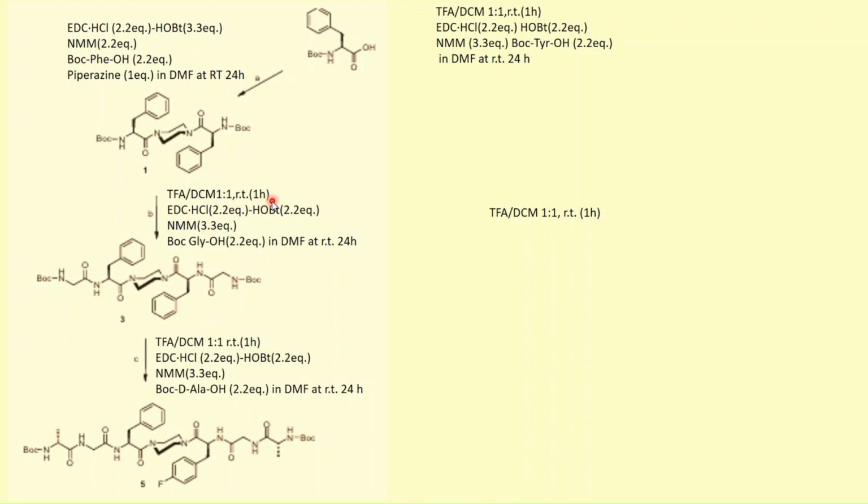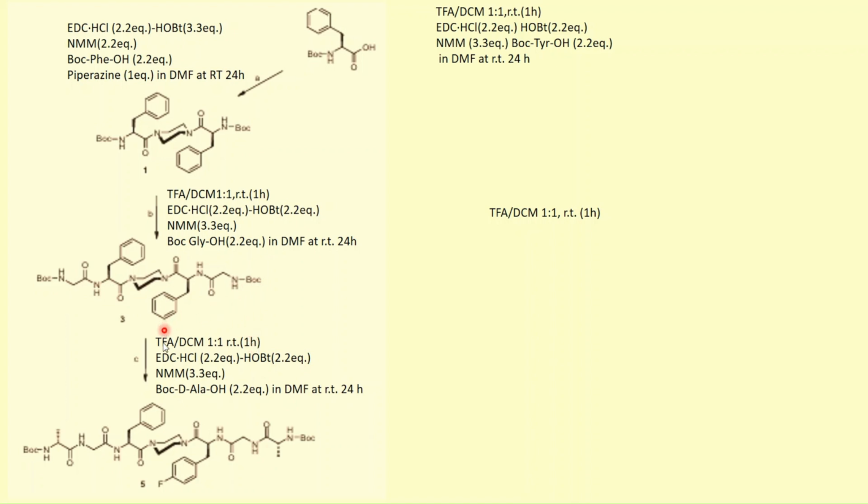Again, this is treated with EDC.HCl and HOBt, where the carboxy group of glycine, in which the amino group is protected by Boc, has been activated, to give rise to glycyl phenylalanine piperazine in the form of a dimer.